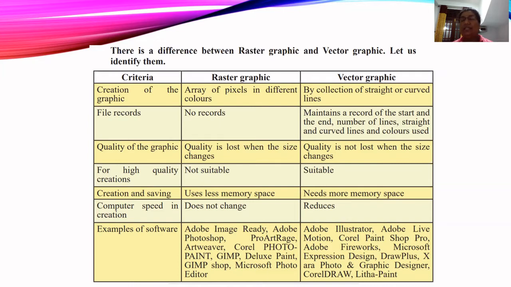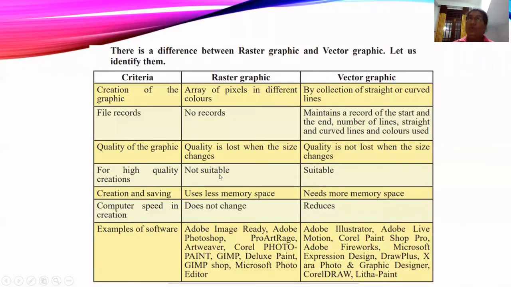You saw that in the video. For high quality creation, such as when we are creating posters, the vector graphic is the most suitable picture type because it is suitable for high quality creations.